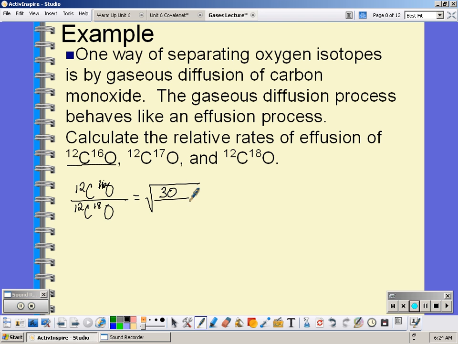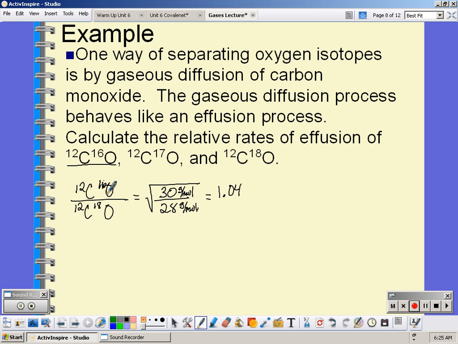And then the lighter molar mass, 12 and 16, 28, would go on the bottom. Divide it, take the square root, and it has 1.04 as the rate.